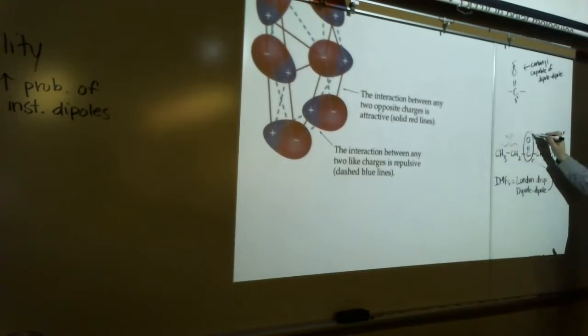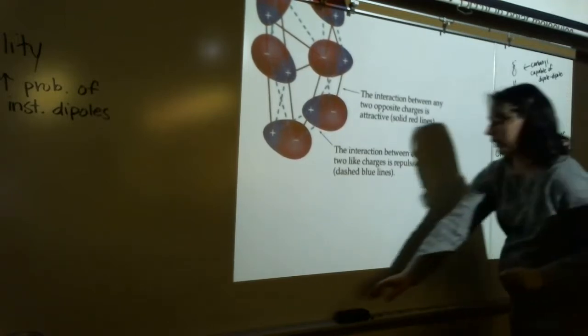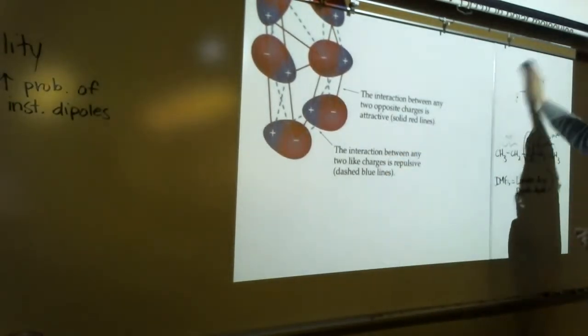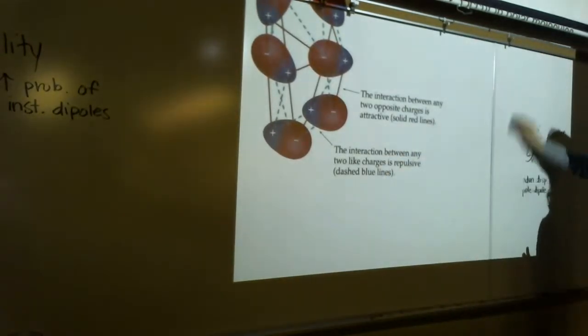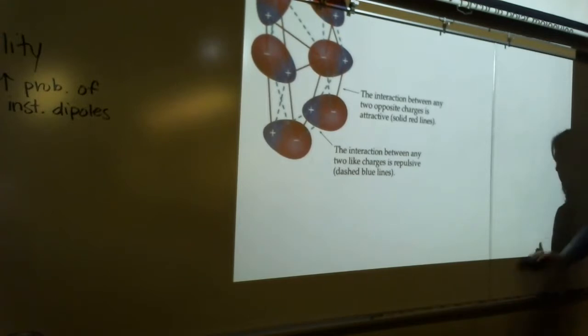But this part right here, that's your partial negative, and that's your partial positive, and that's the part that's capable of dipole-dipole. Okay? So sometimes the entire molecule is polar, sometimes only a certain portion of the molecule is polar. So carbonyl is one we need to stick in our memory bank. We're going to look at carbonyls a lot this semester, and we'll learn how to name molecules that have carbonyls as part of the structure.